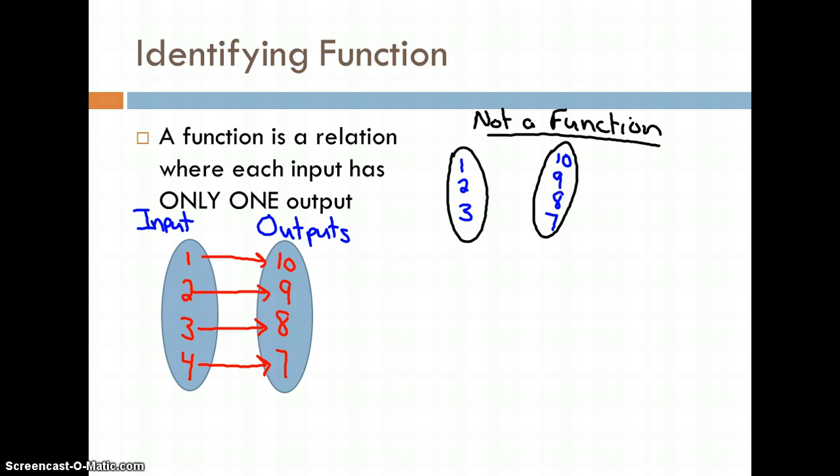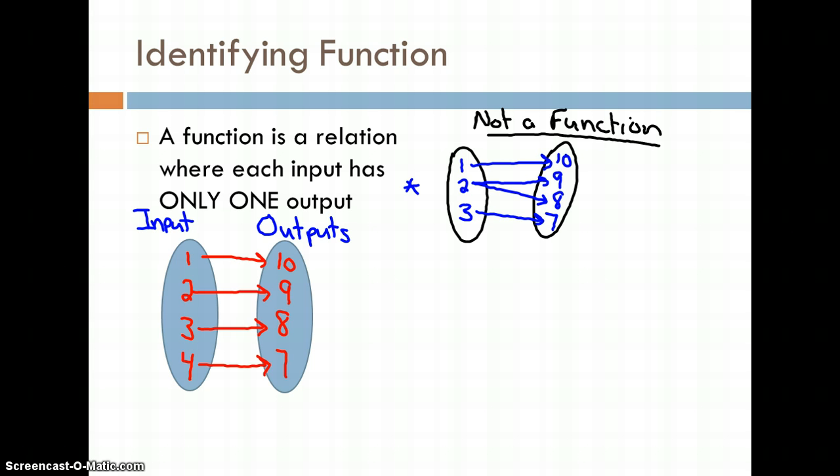And we take a look in here, and 1 goes to 10, so it has one output, and 3 goes to 7, it has one output, but we have 2, which goes with 8, as well as 9. So this input 2, right here, has more than one output, so it's not a function.